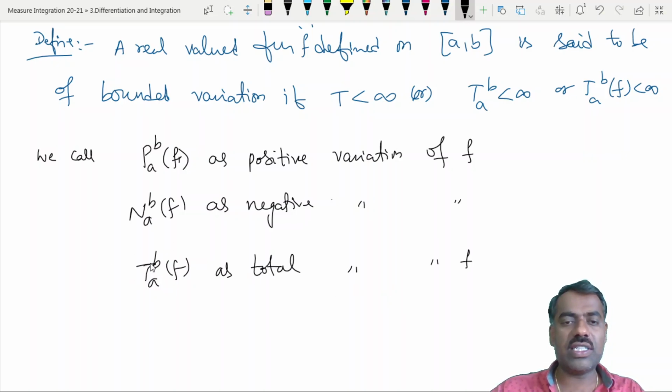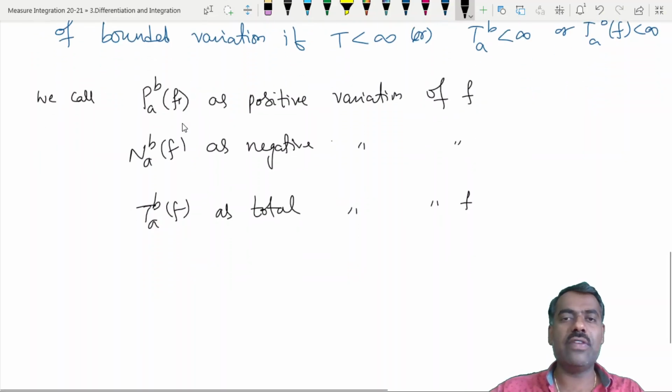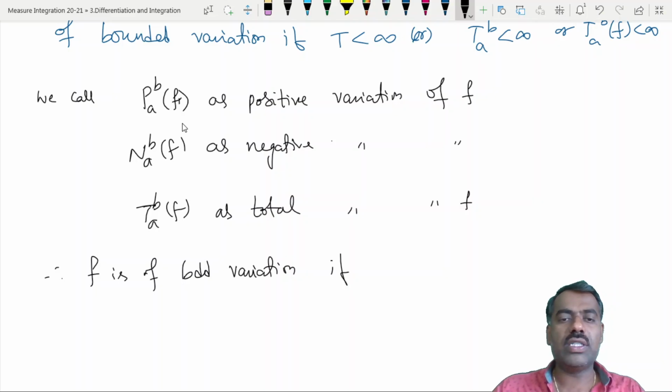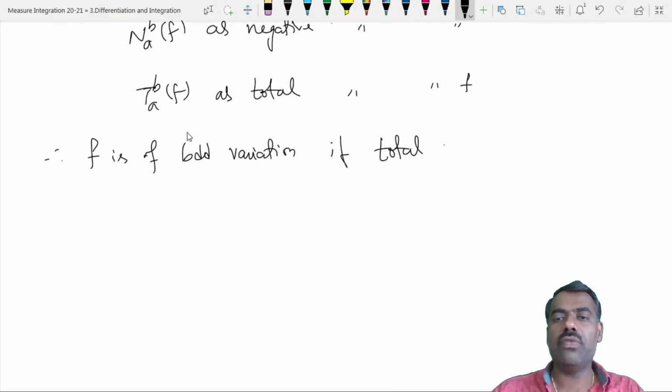So with this notation, if the total variation is finite, then we say that f is of bounded variation, right? So therefore f is of bounded variation if the total variation of f is finite, right?